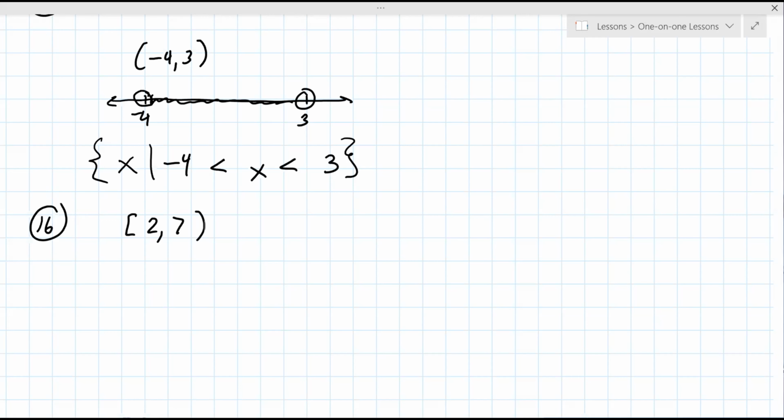Finished it. All right, so the way it looks is it's going to be x such that 2 is less than or equal to x less than 7, like this. This is your final answer there. So I got that correct. Let's get number 17 now. This one is slightly different, but give it a try.